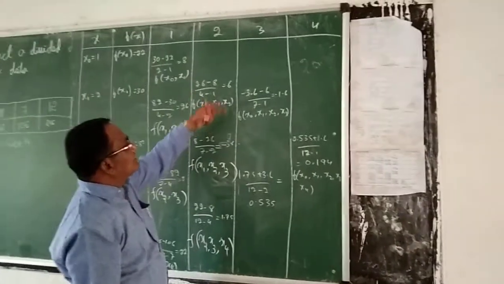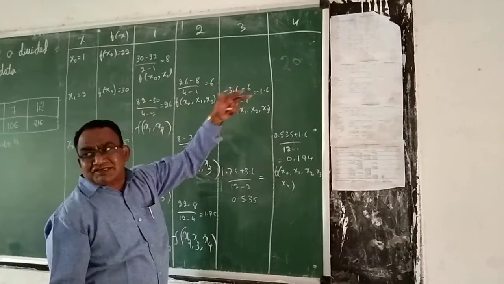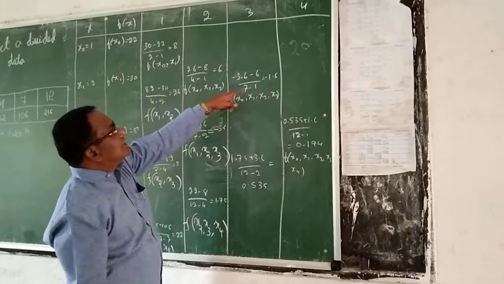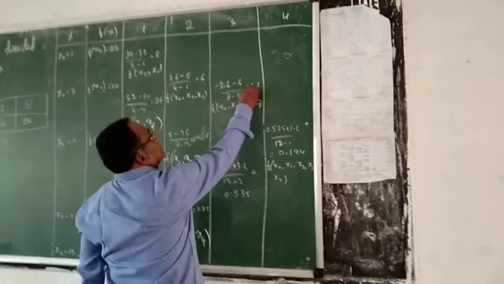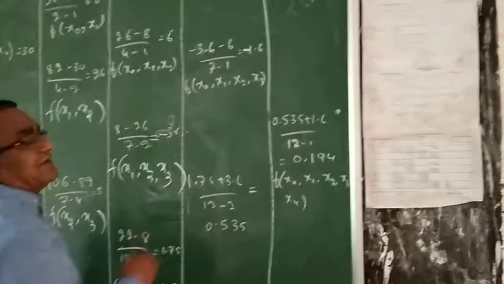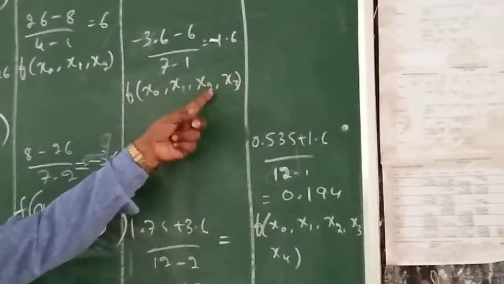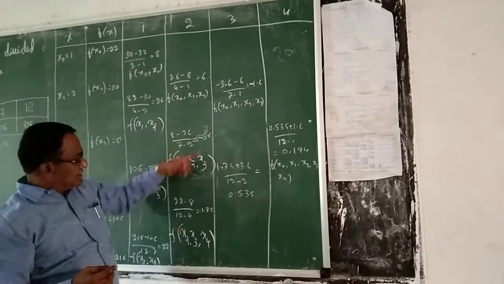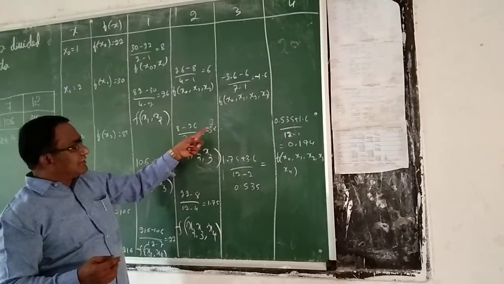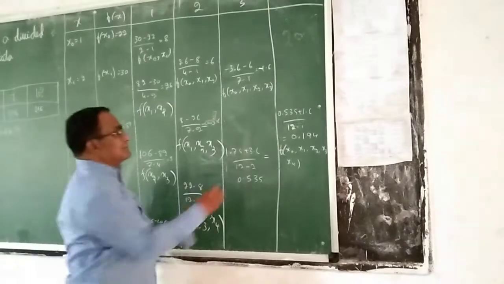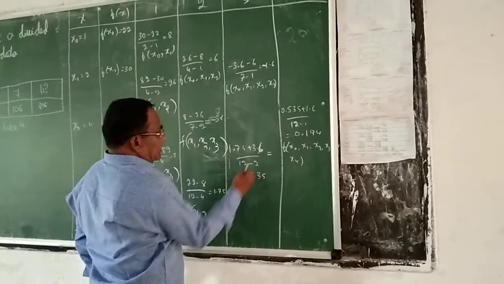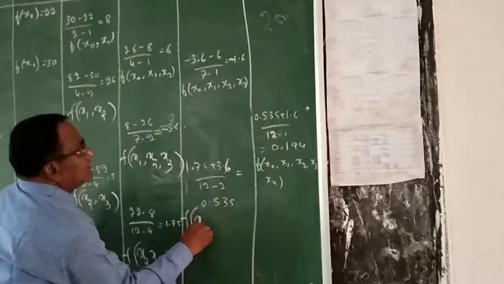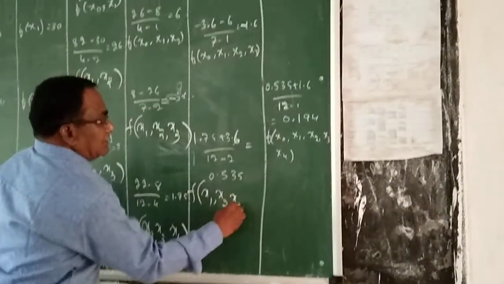Next, minus 3.6 minus 6 divided by 7 minus 1. It will give you minus 1.6. This is nothing but f of x0, x1, x2, x3. Okay, third order difference. Similarly, 1.75 minus minus 3.6, that is plus 3.6, divided by 12 minus 2, is equal to 0.535, and this can be written as f of x1, x2, x3, x4.